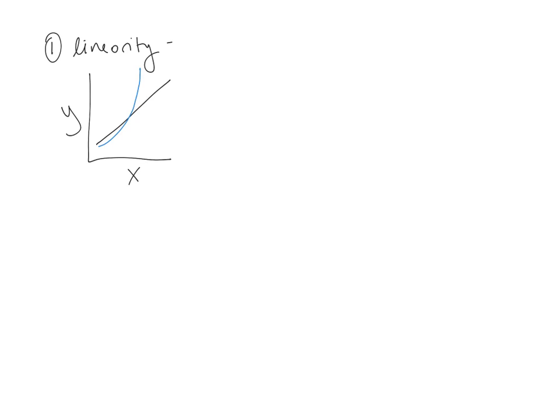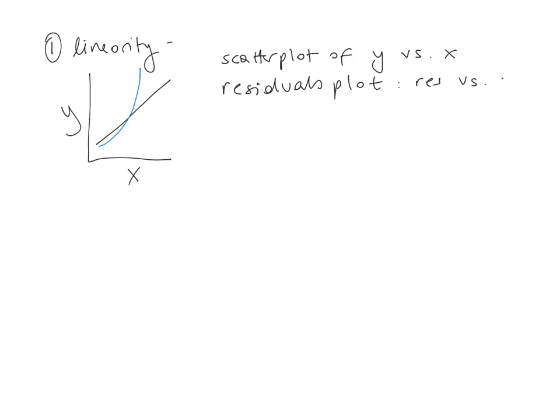You can check this by using a scatter plot of y versus x, or even better, you can check this using the residuals plot. That residuals plot is usually your residuals versus your predicted values, y hat.